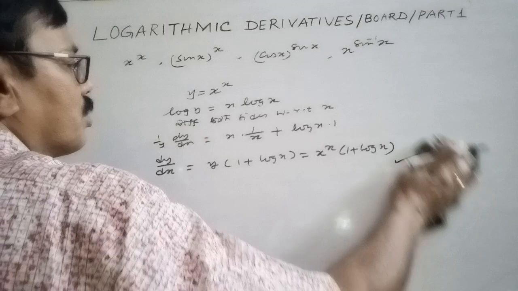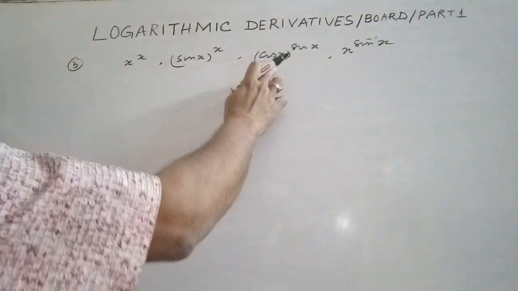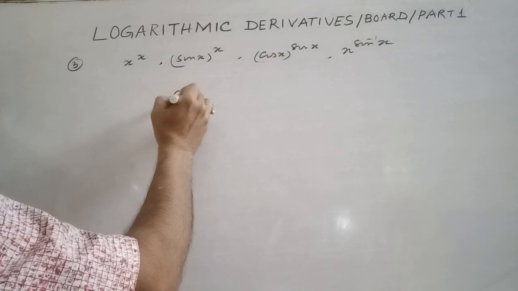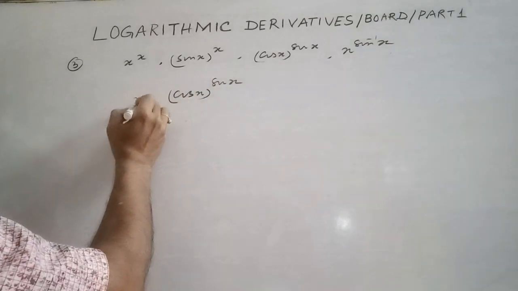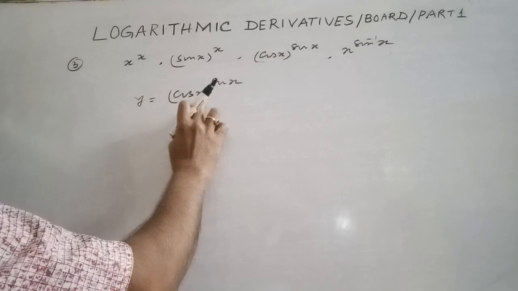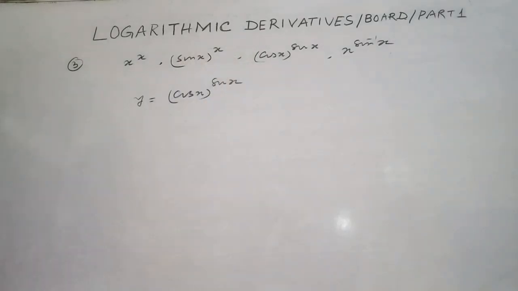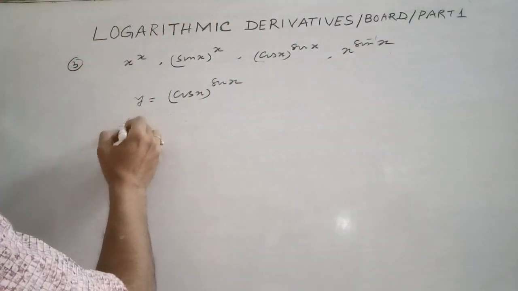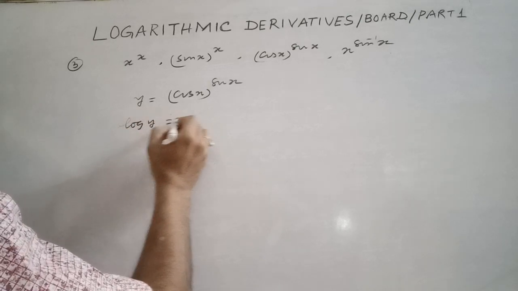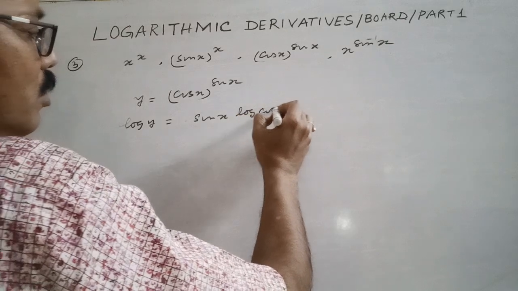Now consider one more. Suppose y equals cos x to the power sin x. This is the base and this is the variable power, so the base is a function of x and the power is a function of x. So you have to take log on both sides. So log y equals sin x log cos x, omitting one step.